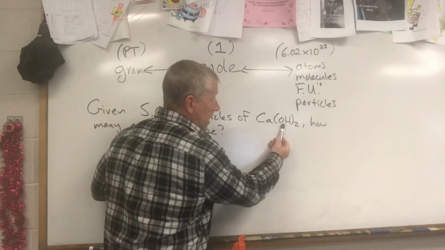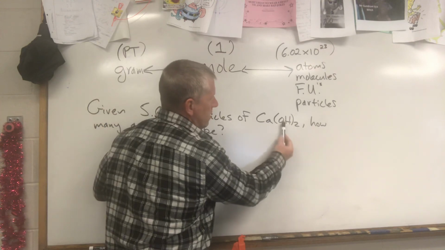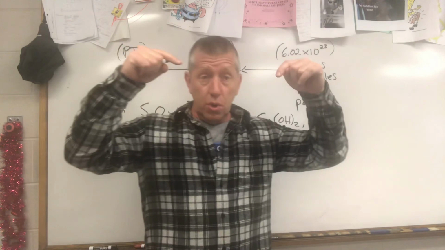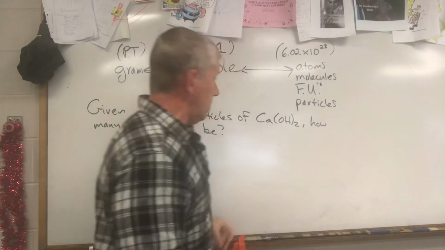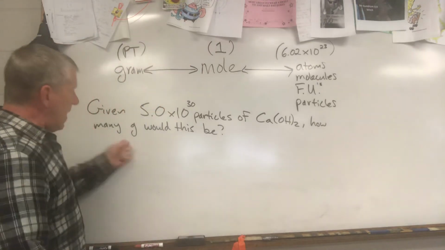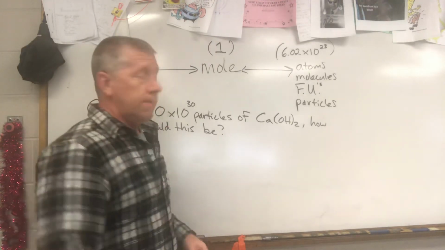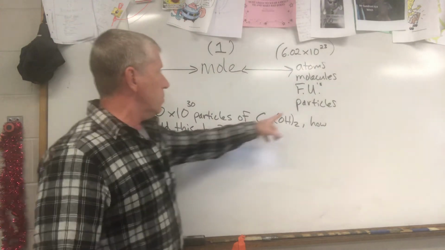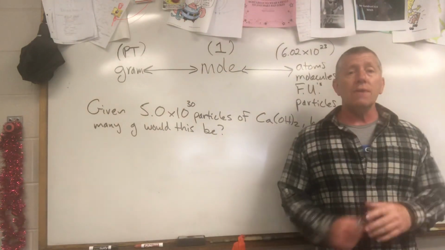Calcium, that's polyatomic ion hydroxide, and we have 2 of them because this is a -1 charge, and calcium's a +2, so they don't match, so we got to crisscross those. Calcium hydroxide. How many grams would this be? Okay, where are we? What city are we in? Particles. We're in San Diego. Where do we want to fly to?